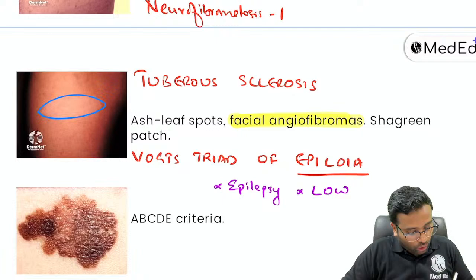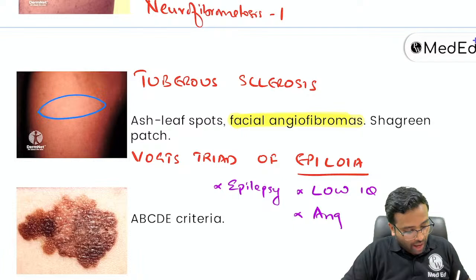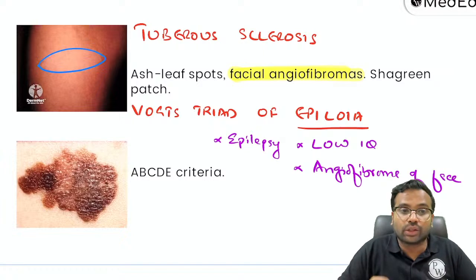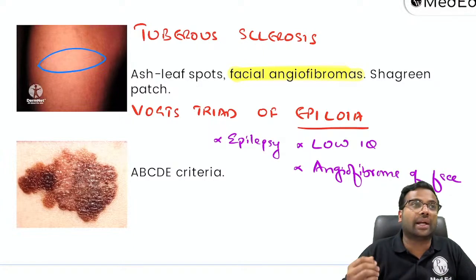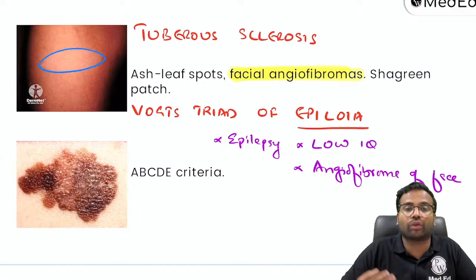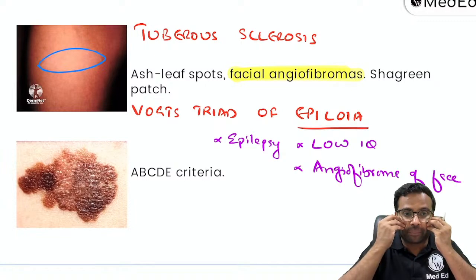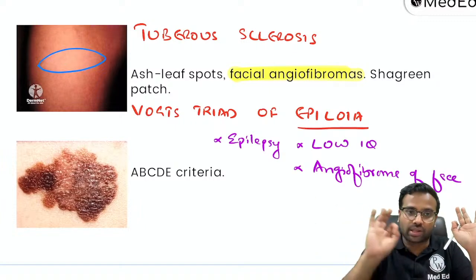LOI is for low IQ, okay, low intelligence or low IQ, and A stands for angiofibroma of the face. So this is how you can get a question of tuberous sclerosis, that a patient who is taking phenytoin tablets presents to you with facial angiofibroma and the patient is mentally retarded. Answer, tuberous sclerosis. Clear?